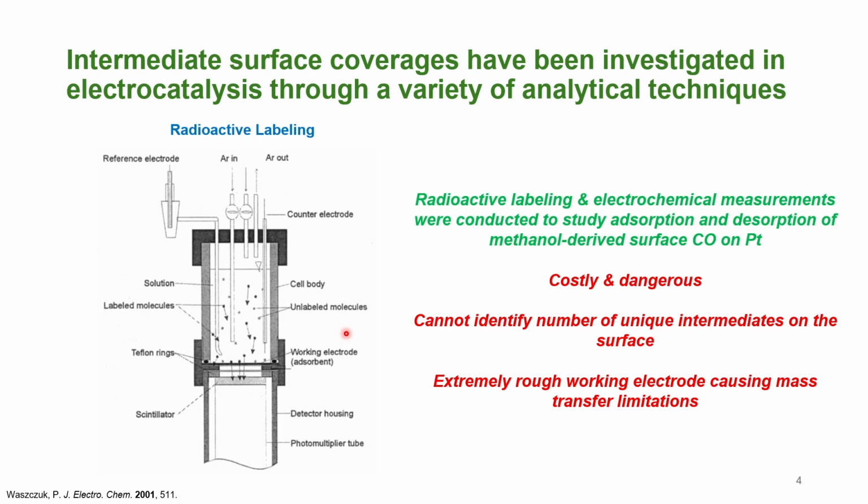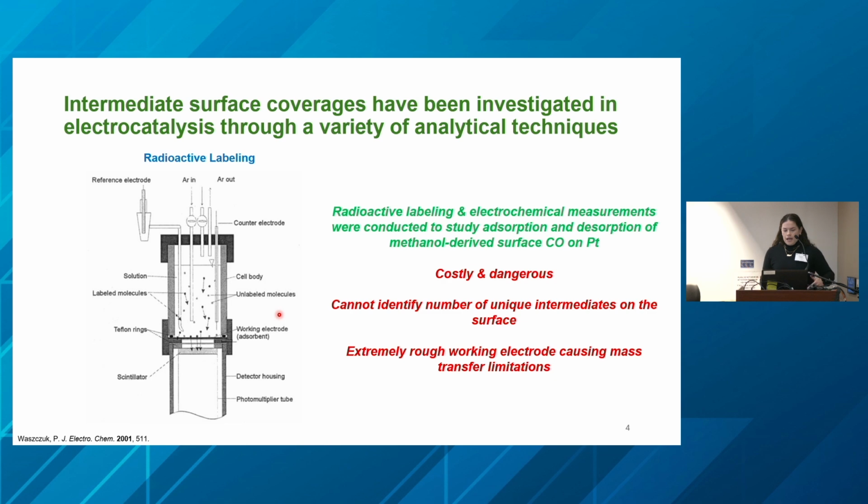And in this paper, they actually had a platinum deposition of about 100 microns, which is relatively very thick, and in which we would assume that there's a lot of mass transfer issues corresponding to this type of very thick platinum deposition. So although this is a technique to relatively understand the coverages of adsorbed intermediates, it's not necessarily the best approach, we believe.